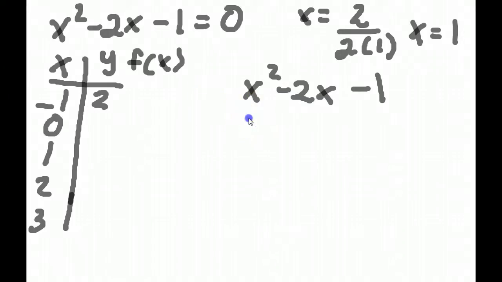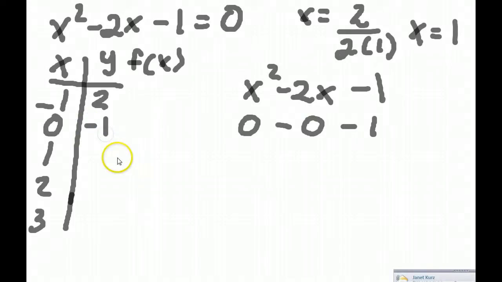So we have 0 squared. We're putting in 0 for our equation of x squared minus 2x minus 1. You have that minus 1 at the end because it's x squared minus 2x minus 1.